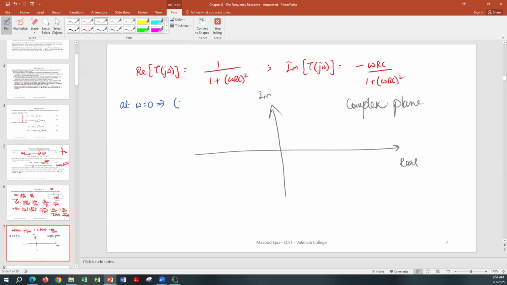You're going to have a point with the real value 1. What about the imaginary value when omega is equal to 0? 0. So you have 1 and 0, one point. So it starts at 1 and 0 at omega is equal to 0.